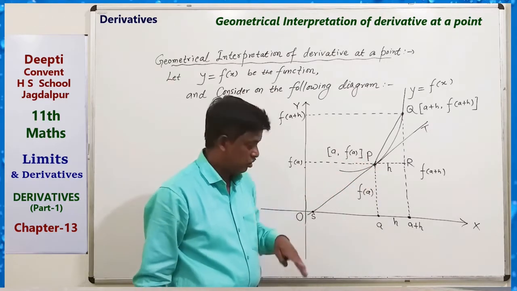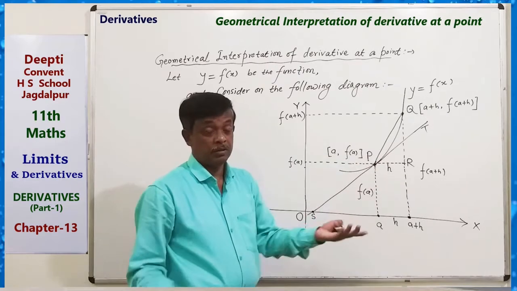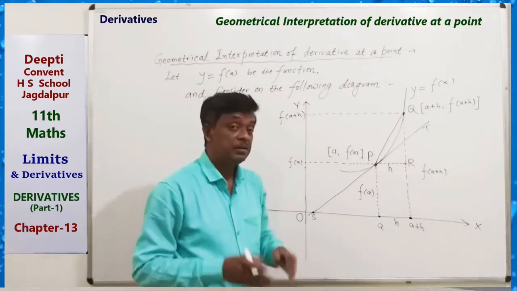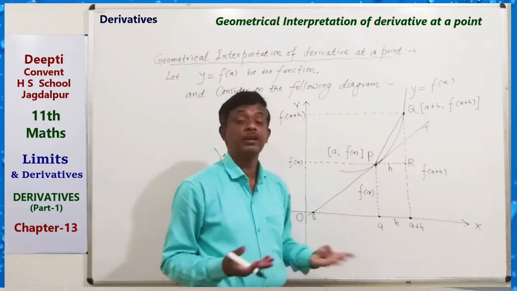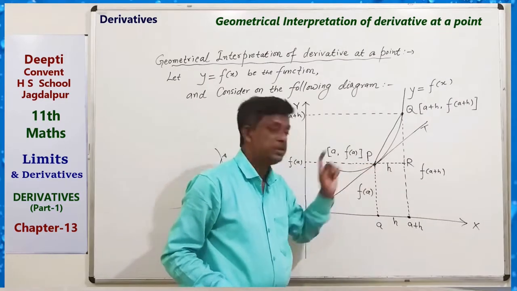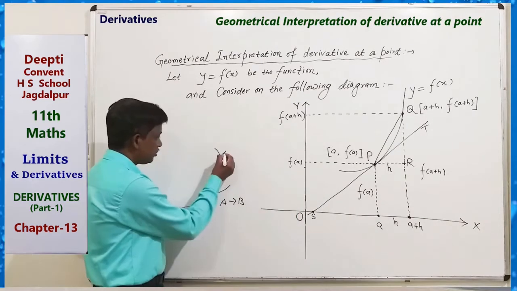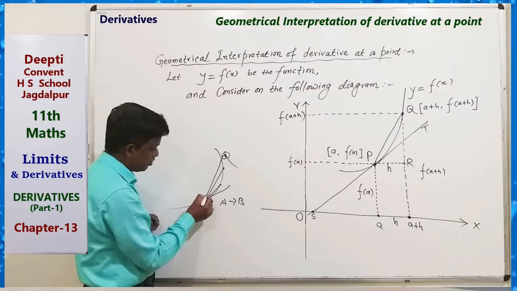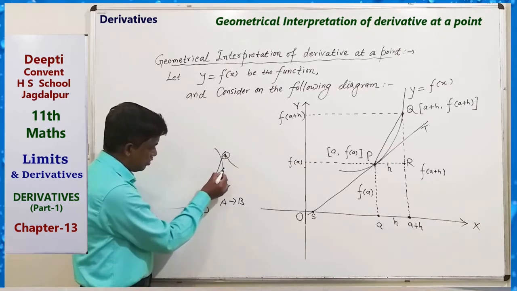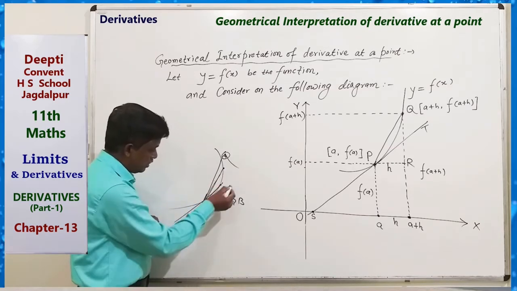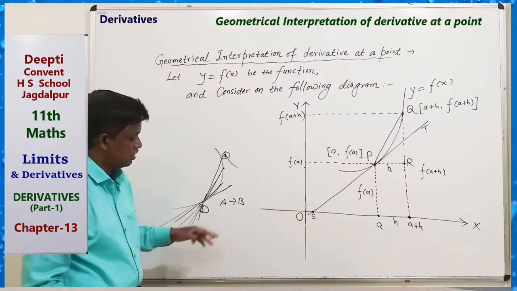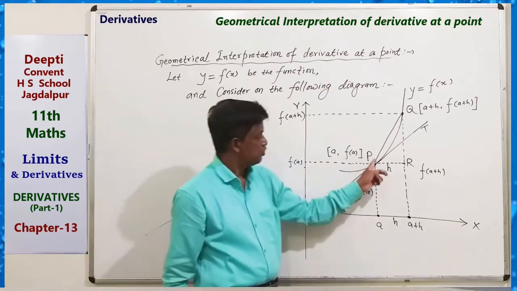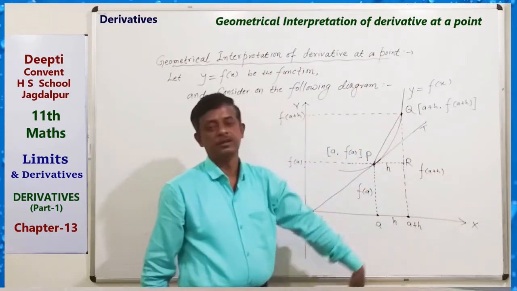The tangent of the curve is ST. This chord will be the tangent at this point when Q tends to P. Here Q, here P. Finally, this will converge as Q tends to P. So as Q tends to P, this chord will be the tangent.